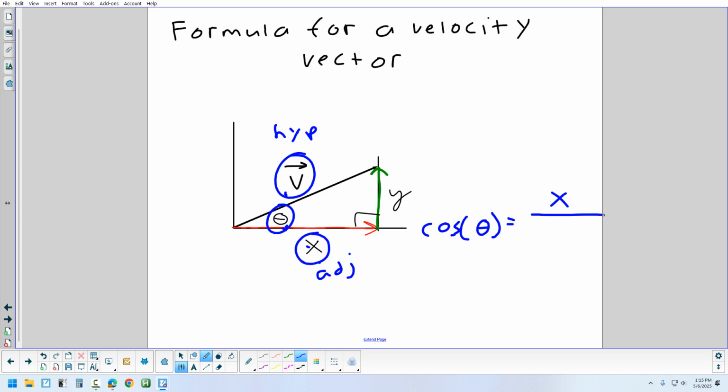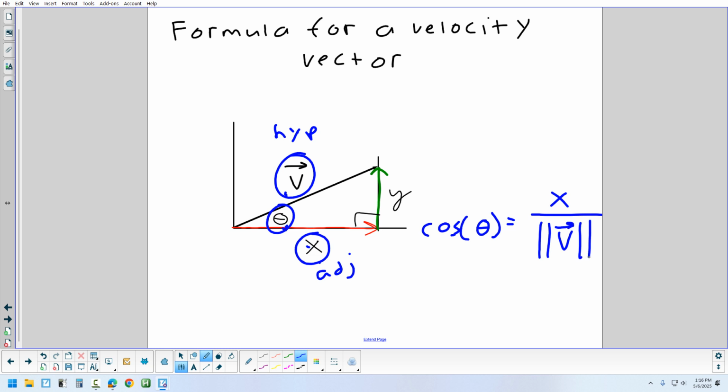I usually don't say length, I say magnitude. And what's the symbol for magnitude? The two bars. When you want to know magnitude, you put the two bars.